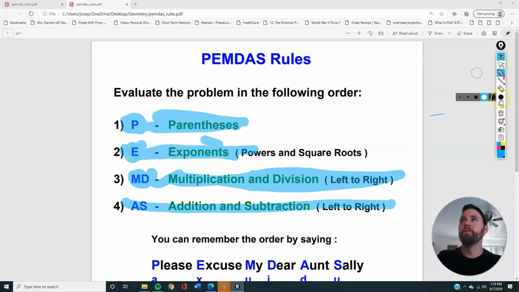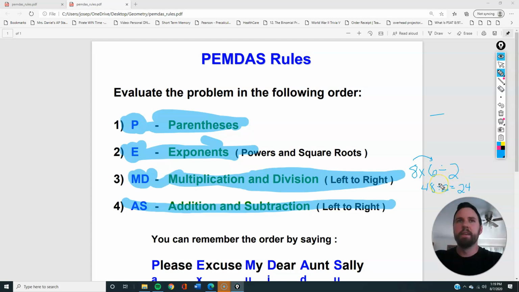So here's my proof that multiplication and division are equal. Think about this. What's 8 times 6 divided by 2? Now, you should go left to right just to make your life easier. 8 times 6 is 48. 48 divided by 2 is 24.